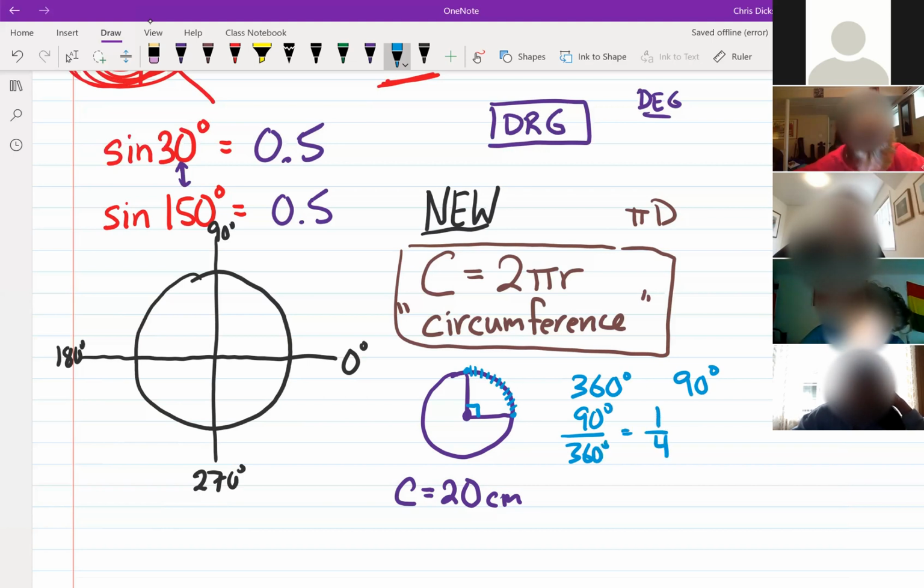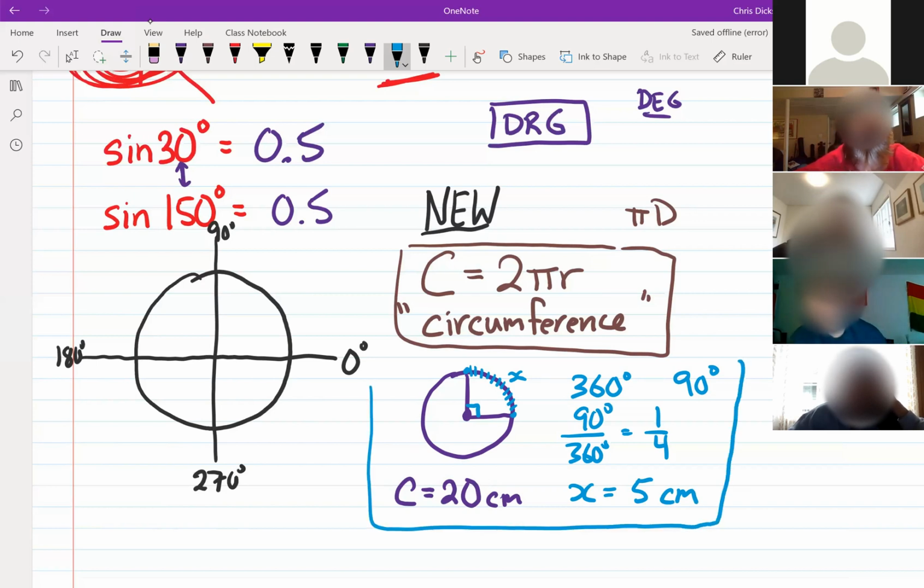So if the entire circumference is 20, what is the length of x then? Like, what is that distance? Well, that should be 1/4 of the circumference. So 20 divided by 4 would be 5. So that should be 5 centimeters. So I'm hoping that math kind of makes sense. That's kind of looking at proportions and a bit of idea of fractions and stuff like that.